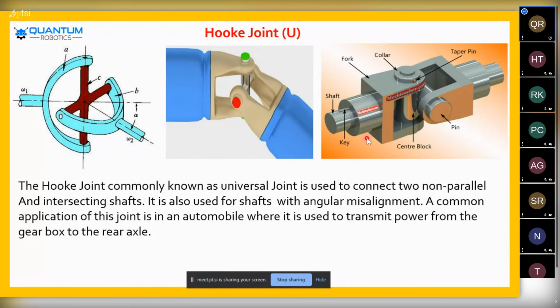Pin means making that object fixed with the interconnection of another part.